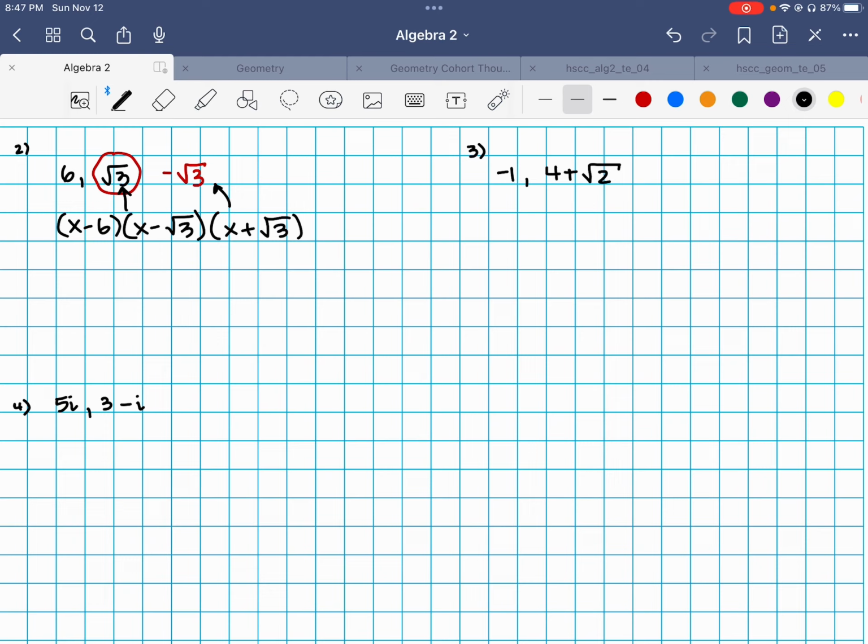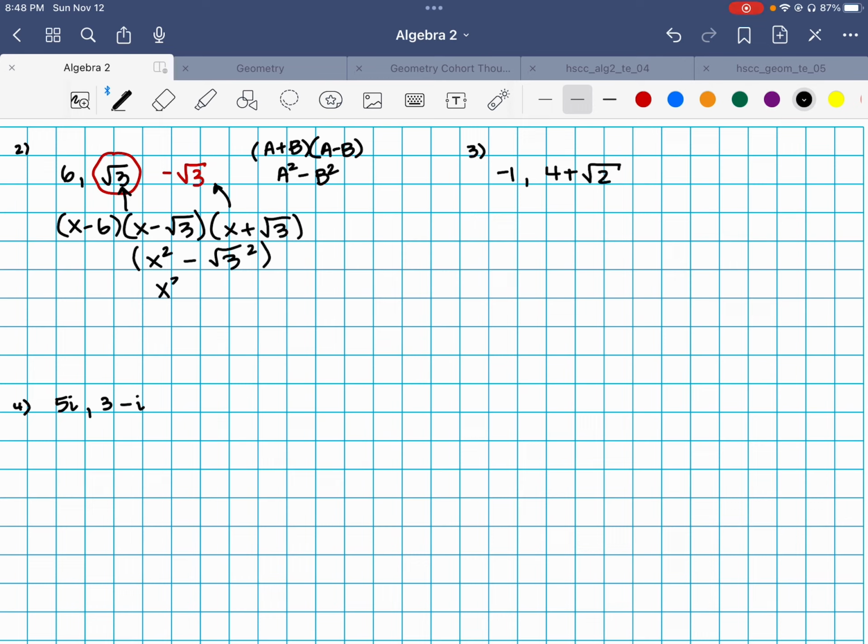And then now we're going to multiply this out. Now, I could multiply these two, but it's not the best strategy. I really should be multiplying those together because they're conjugates. And conjugates, like a plus b and a minus b, have a pattern when you multiply. That pattern, which we've seen several times, is a to the power of 2 minus b to the power of 2. It cuts out the middle part of the multiplication or the FOIL. So we take the a and square it, minus the b, which is square root of 3, and square it as well.